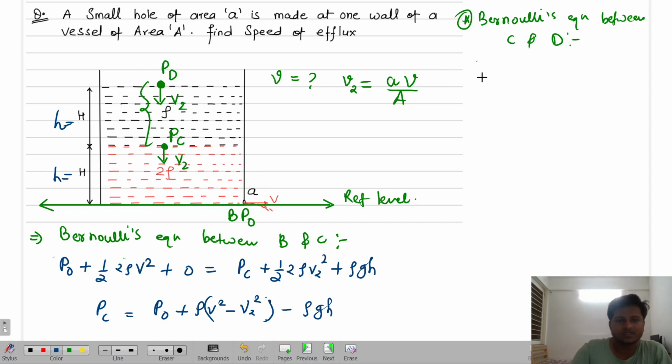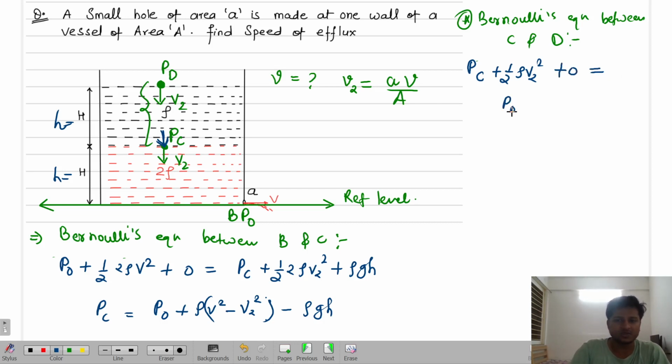Similarly, if I consider C and D, it is at the same liquid itself, the same liquid rho. So between C and D, once again, it will be PC plus half of rho into V2 square, is equal to plus 0, because the reference point is over there.